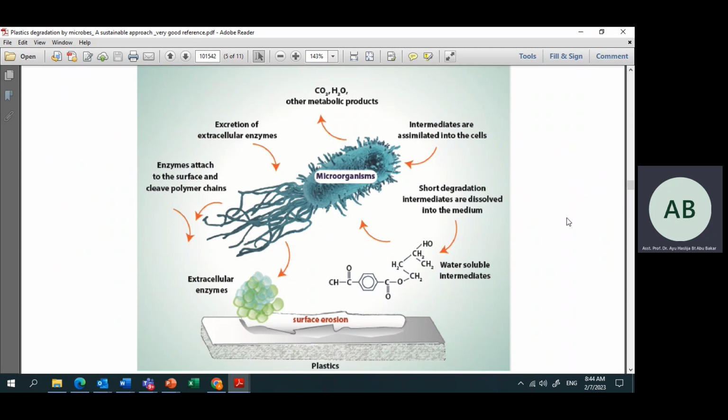It will attach on the surface first in order to react. Attach, then release the enzyme, then degrade the plastic into monomers. Then those monomers will be absorbed by the microbe as nutrient.